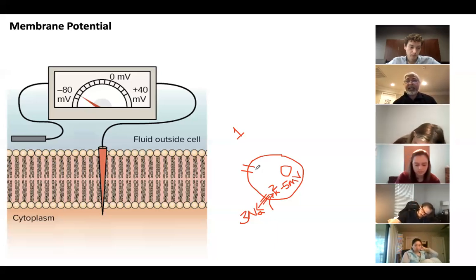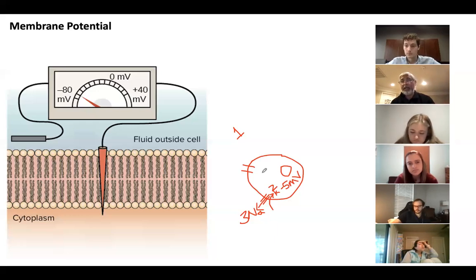Now, if it is a channel that allows only potassium, think of concentration gradient, which direction will potassium move, inside to outside or outside to inside? Inside to outside. Why? You'll have a higher concentration of potassium.